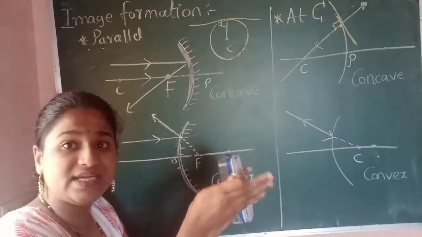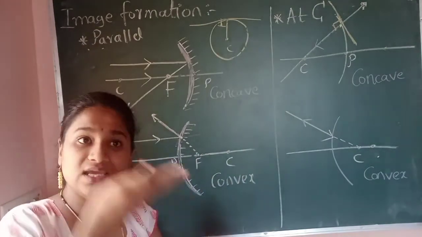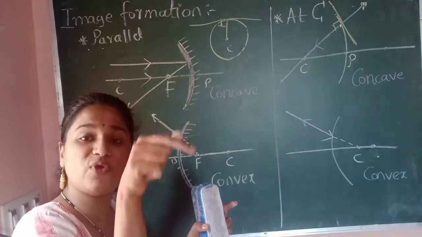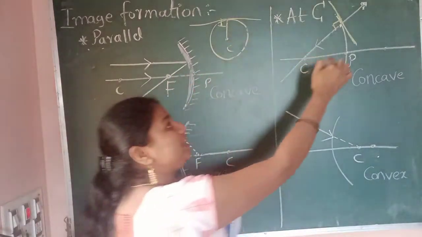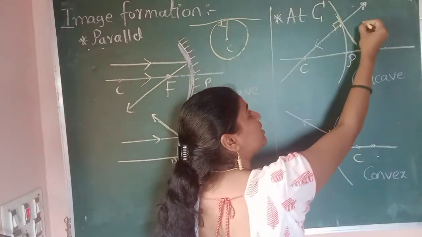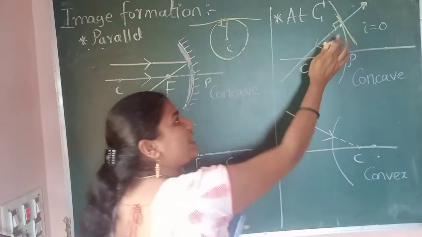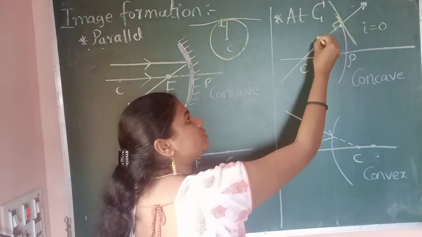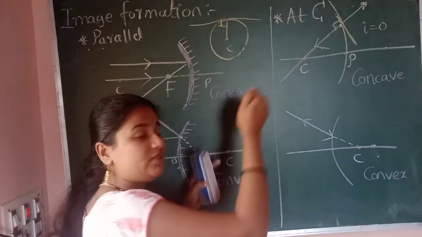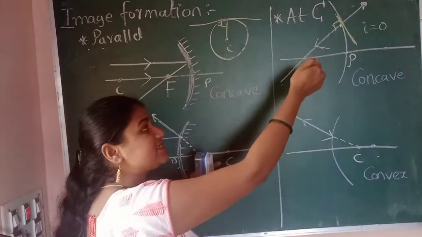It is normally hitting. Don't think it is 90 degrees. It is going straight, not forming any angle with the normal, and perpendicular to the tangent. So the angle of incidence will become 0 here. When the angle of incidence is 0, the reflected ray will also come back along the same path.